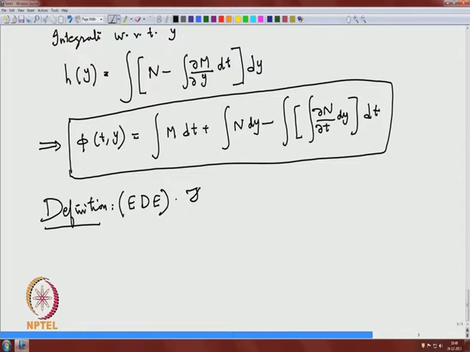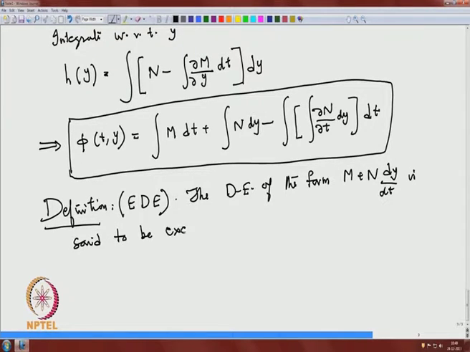The differential equation of the form m plus n dy by dt is said to be exact if dm by dy is equal to dn by dt.